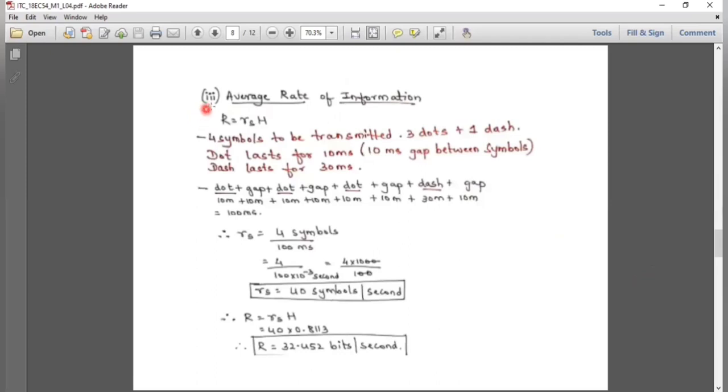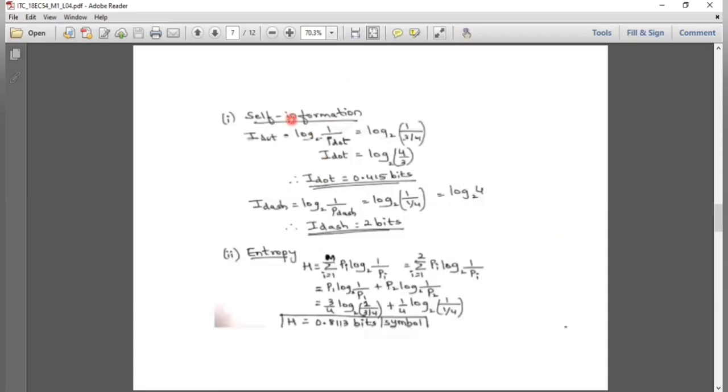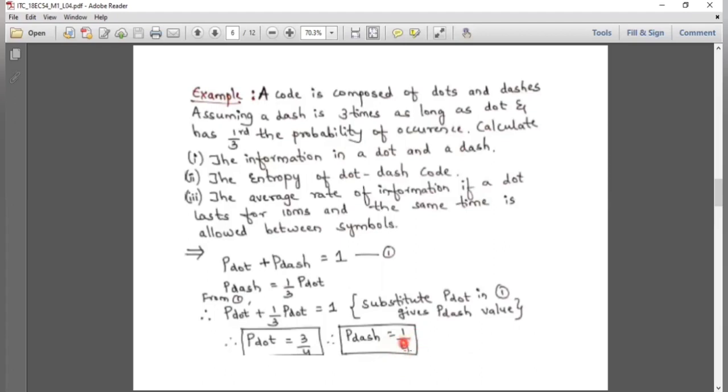Information rate is given by R equals Rs into H. So we know that probability of dot is 3/4 and probability of dash is 1/4. This means we are transmitting 4 symbols. Among 4, 3 dots are transmitted and 1 dash is transmitted.